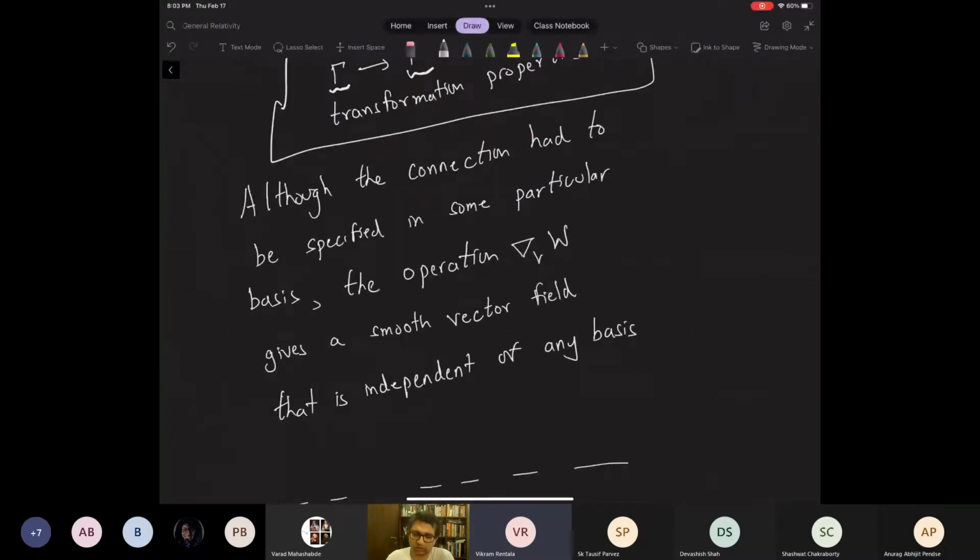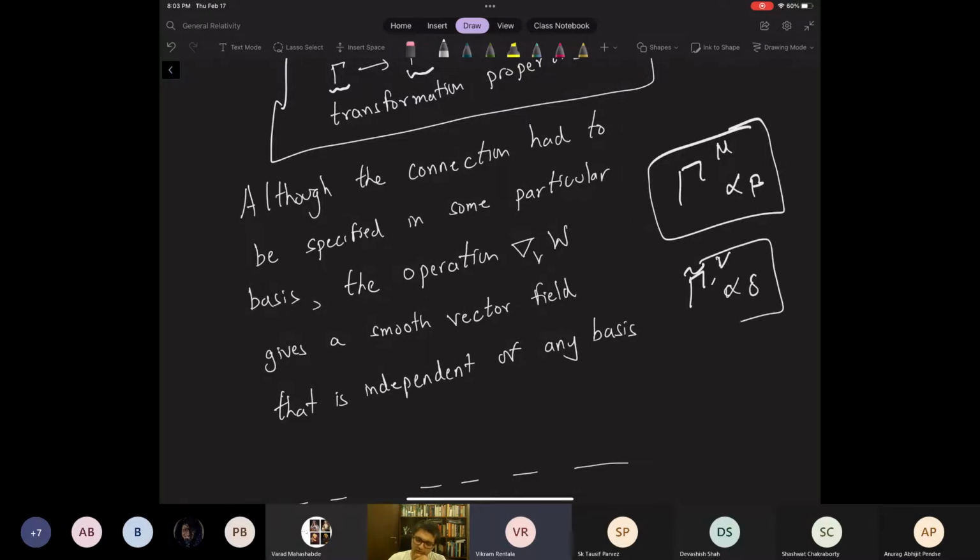Again, I'll just emphasize the point. Although it looks like you're doing something basis dependent when you specify the connection coefficients, because this is a basis dependent choice for how to transport vectors, there is a way to make that choice so that in any other coordinate system, the connection coefficients that I get are related to these old connection coefficients. There's a relationship between them, and that relationship is a non-tensorial transformation.